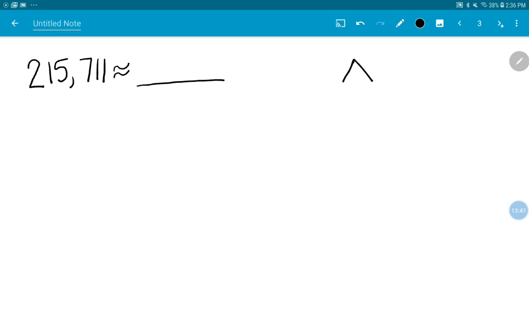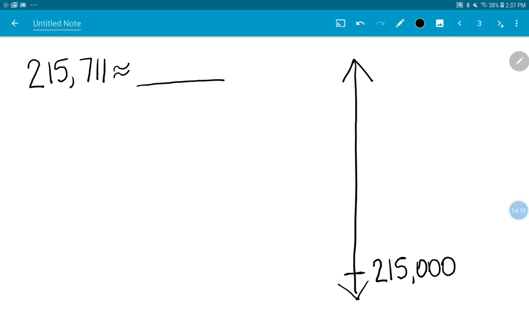I'm going to draw my vertical number line to label my end point at the bottom. How many thousands are in 215,711? How many thousands are there? 215. 215,000. Okay. I'm rounding to the thousands place value, so I need 1,000 more.